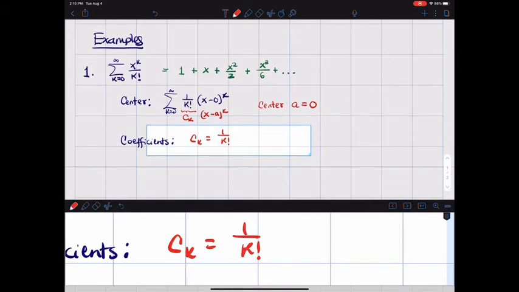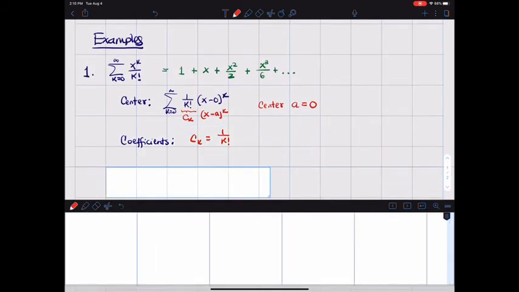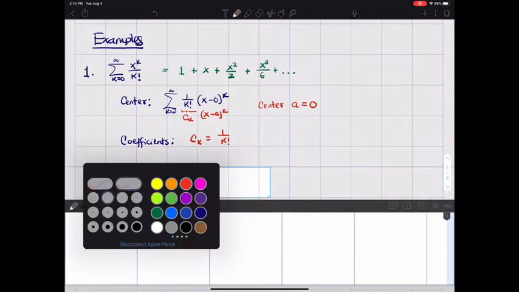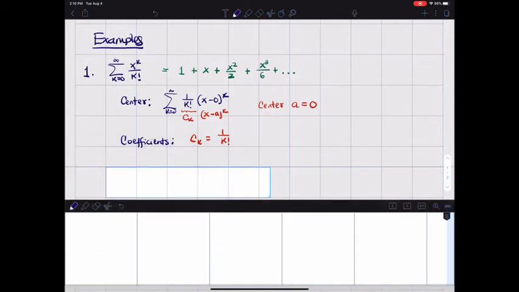All right. Now let's talk about the interval of convergence. To do this, we have to harken back to the things we studied when we studied series, like regular series without x.